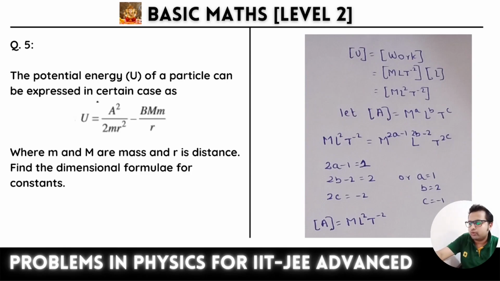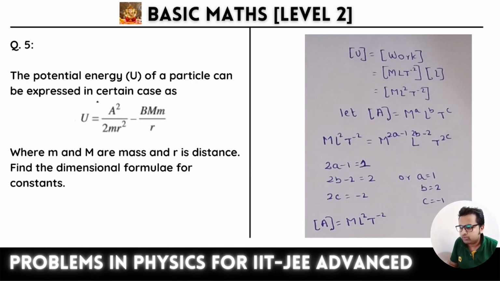When you solve, you get M^(2a minus 1) L^(2b minus 2) T^2c. So you just compare it: 2a minus 1 is equal to 1, 2b minus 2 is equal to 2, 2c is equal to minus 2, so a, b, c you get.